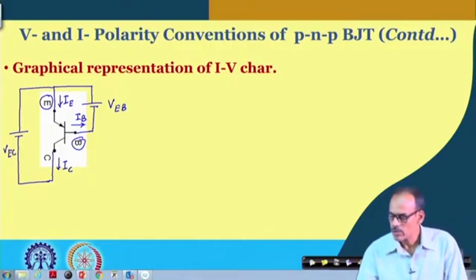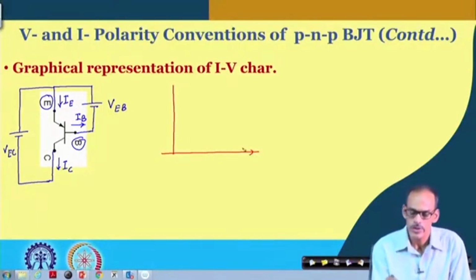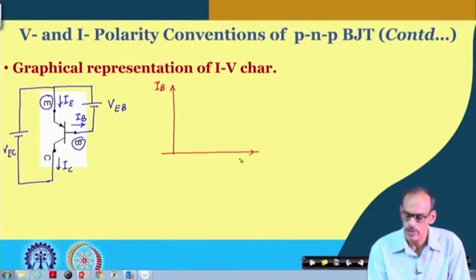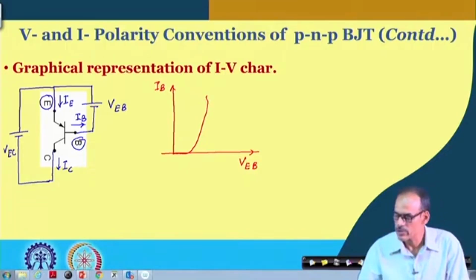Now, you may recall the graphical representation of the IV characteristic of IB as a function of VEB. If you plot this characteristic, of course, it will be exponential, as we discussed before.